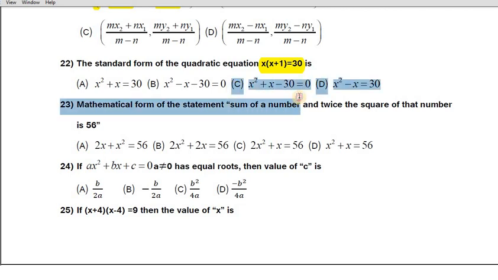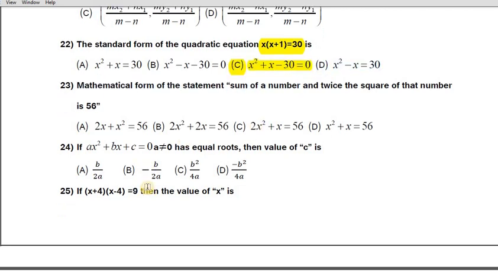That is, option C is right. Next, the mathematical form of the statement: sum of a number. We don't know the number, so take it as x, plus twice the square of that number, meaning 2x square, is 56. So the correct option will be x plus 2x square equals 56, otherwise 2x square plus x equals 56. So here the right option is C.